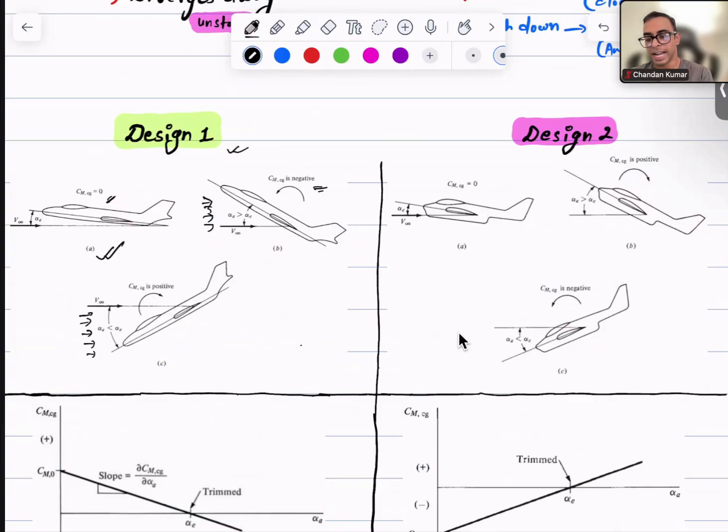In the design 2 scenario, our airplane is flying at a particular trimmed condition with angle of attack alpha e and moment about the center of gravity is 0. When it is disturbed with a gust of wind such that the angle of attack increases, rather than having a restoring moment, it creates a positive moment that takes it further away from the equilibrium or trimmed condition.